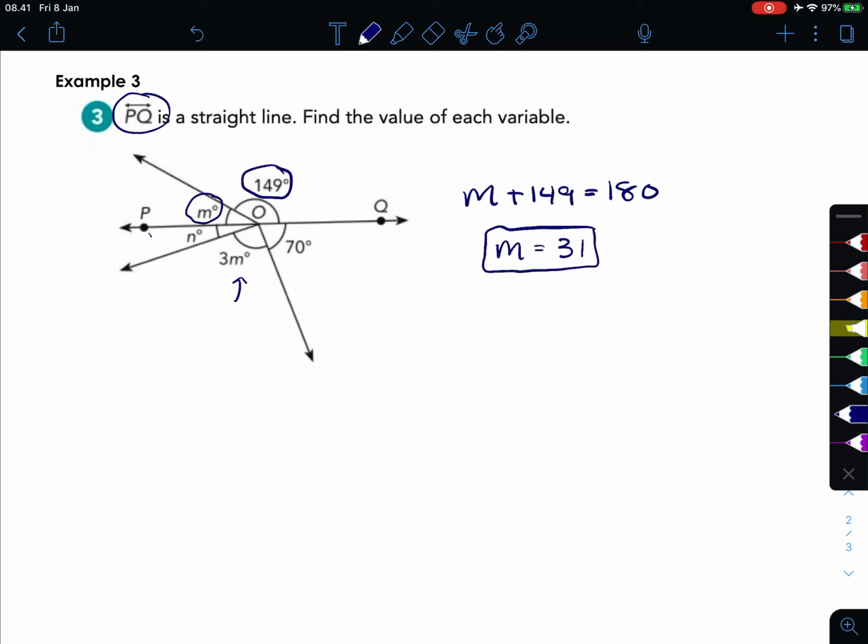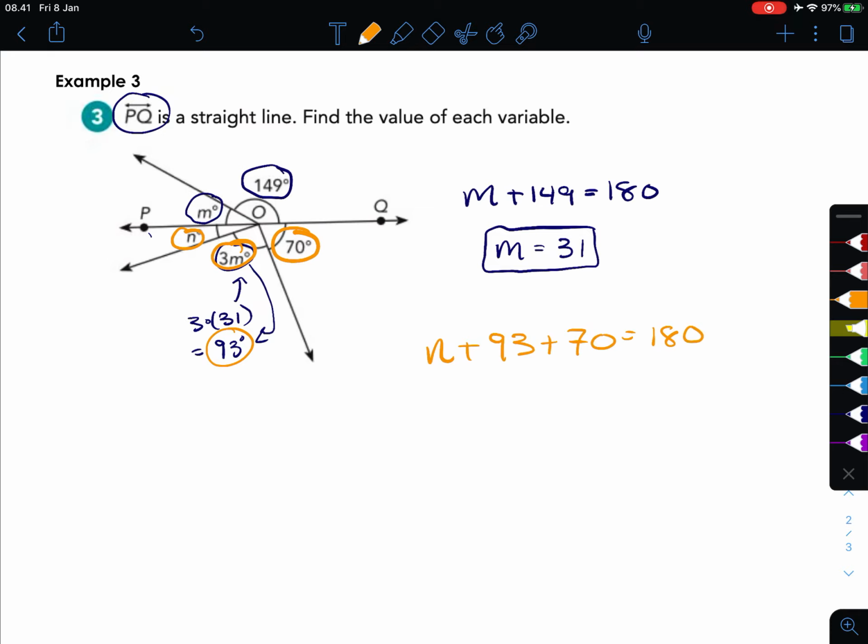Okay, if m is equal to 31, then I can plug in 31 right there. And 3 times 31 is equal to 93. So this angle right here is equal to 93. Notice that n and this angle, which is 93, and 70 are also supplementary. So n plus 93 plus 70 is equal to 180.